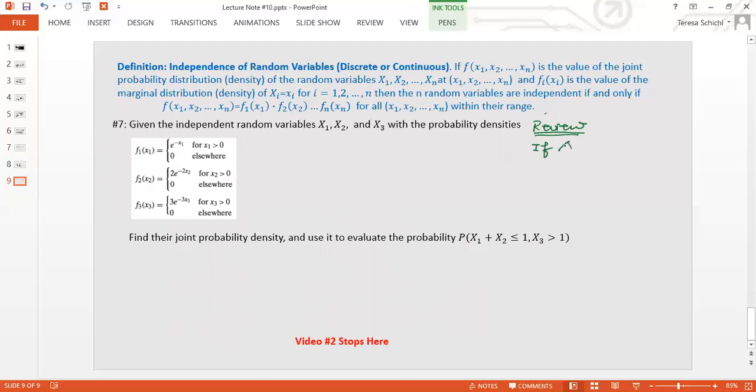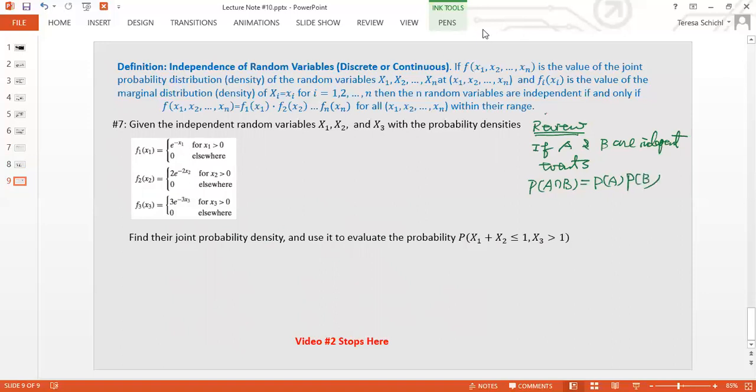Okay, so if we say A and B are independent events, right? That's what we did in probability. Remember also we said don't confuse independent with mutually exclusive. They are totally different. If A and B are independent, then A intersect B is equal to P(A) times P(B).